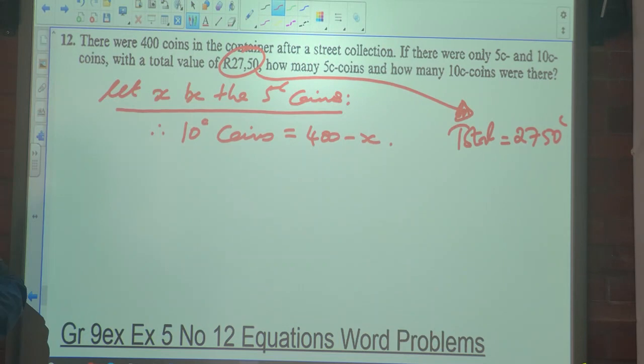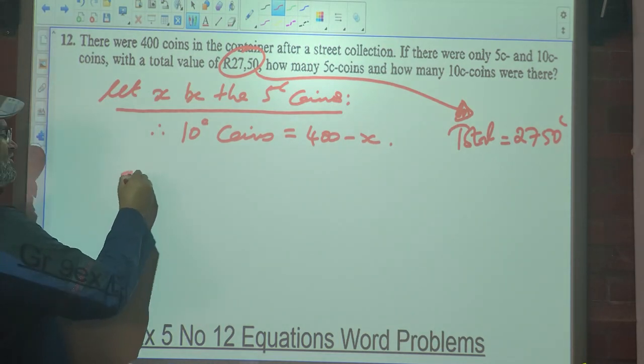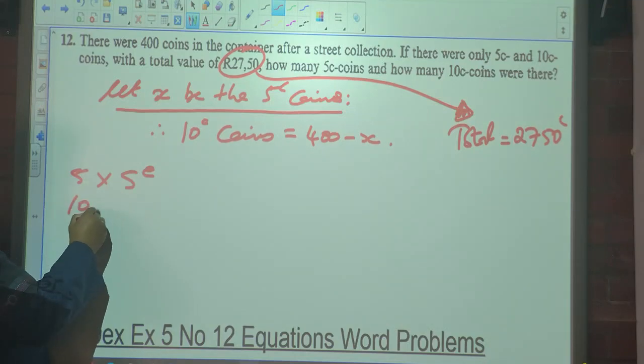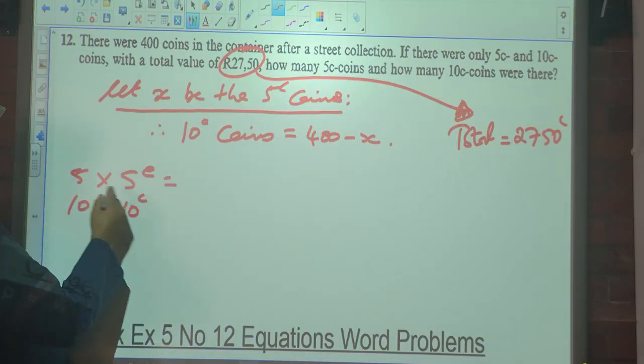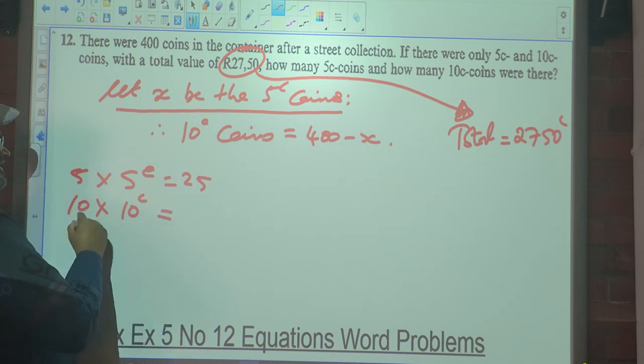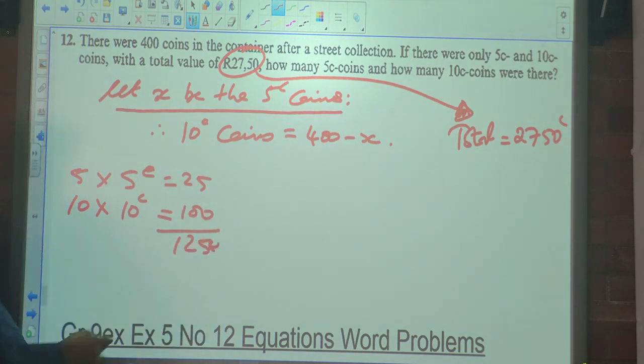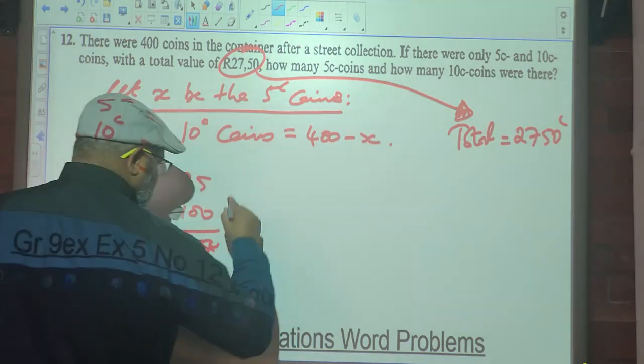So how do we get the total? If I have 5 cent coins and 10 cent coins, I say 5 times 5 is 25, 10 times 10 is 100, which gives me 125 cents. That's how we get the total.